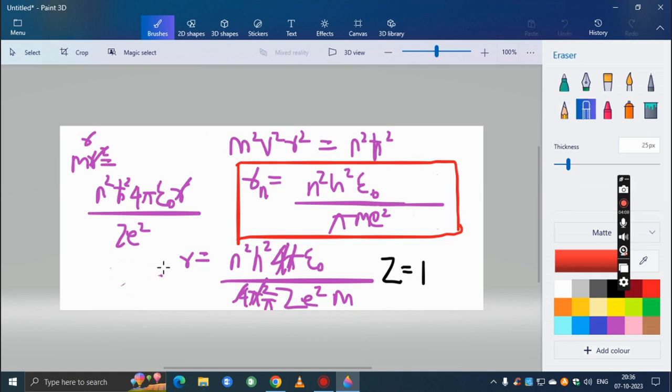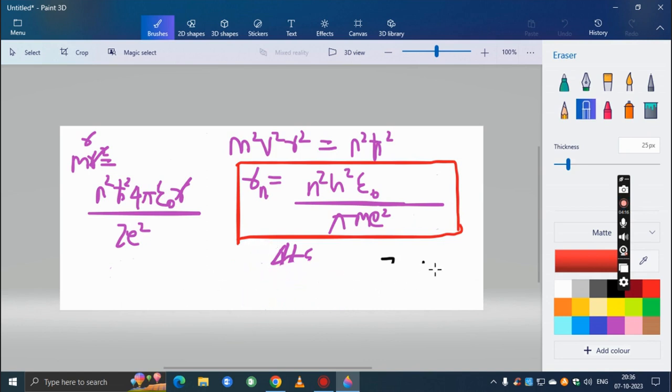Since they are all constants, they'll have some value, and if I put the values in, let's see what I get. r sub n is going to be equal to h square epsilon naught upon pi m e square.